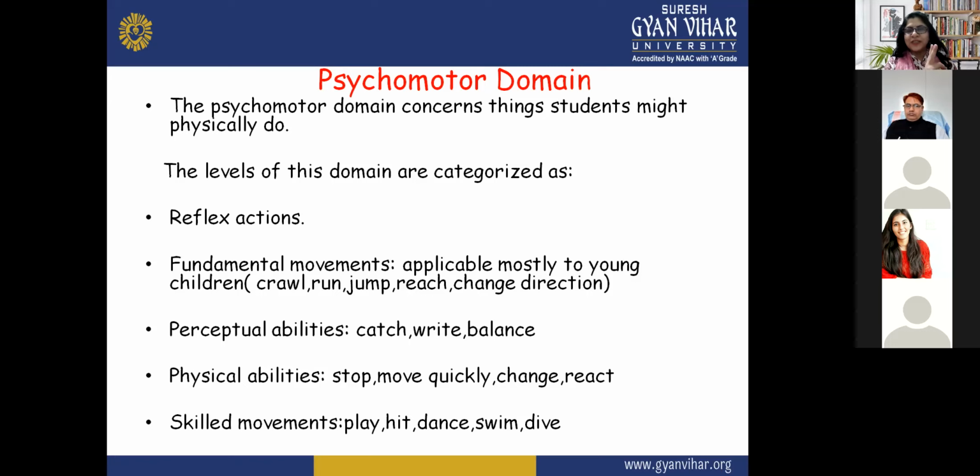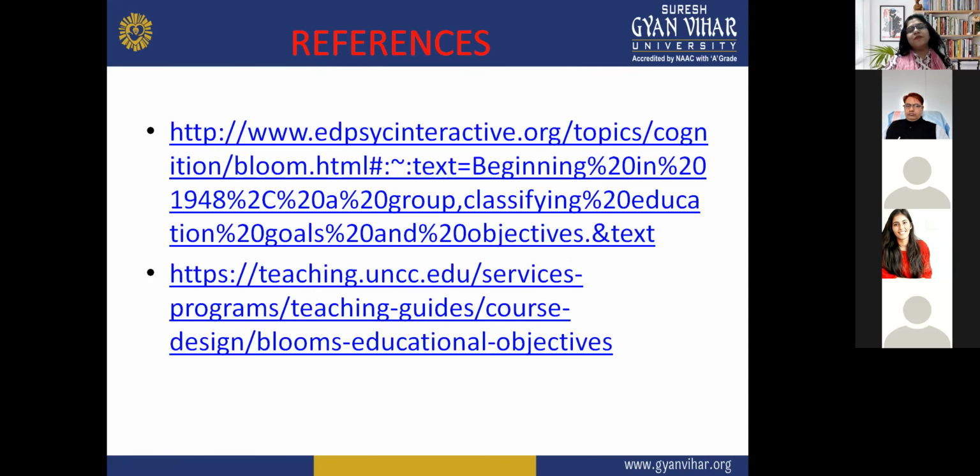Isn't it both cognitive and psychomotor? Yes, ma'am, both, because the person is using the head also. And why not affective? The student is feeling something to write down. Just think about it. Yes, ma'am. So all three domains will be covered. Okay, so these are some references, students.